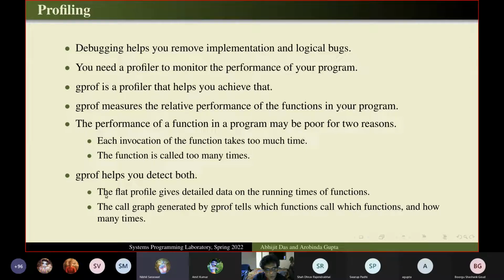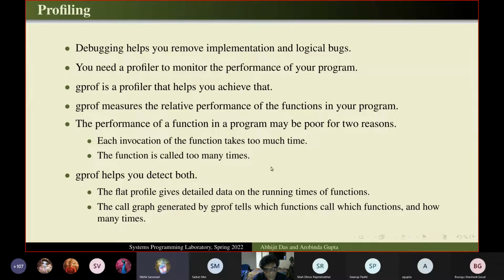Once you know the relative performance, you look at the functions which are performing relatively poorly. You should look at the function code and think about improving the performance. That improvement may mean better implementation, better use of data structures, or even design of better algorithms.